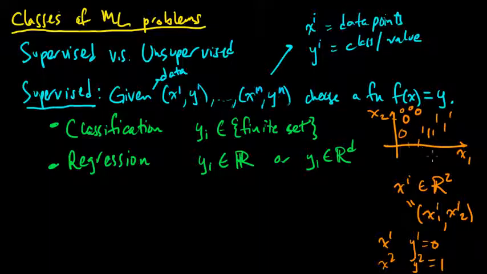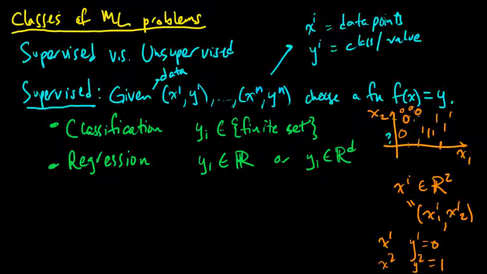The place where I draw the number is the data point, and whether I drew a 1 or a 0 means the class y associated with it. Now, here's a new point, where the question mark is.